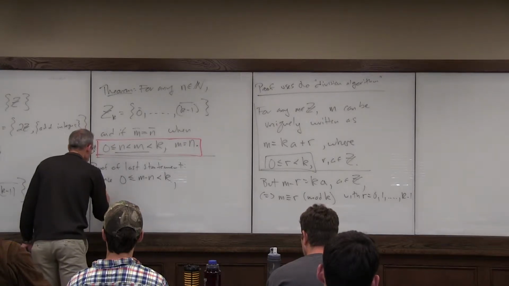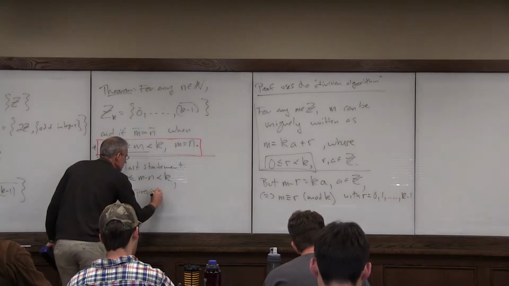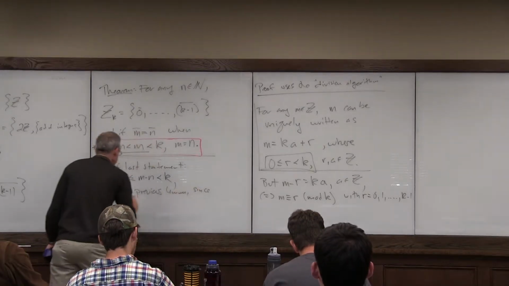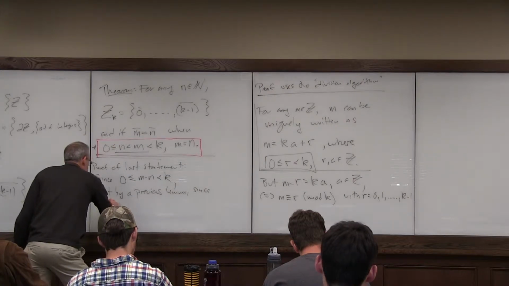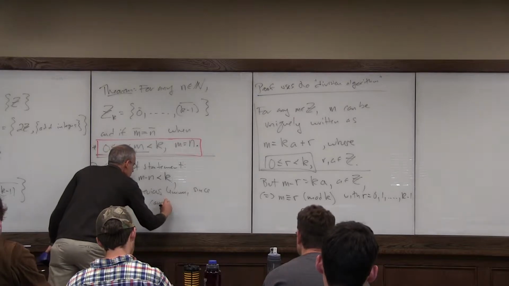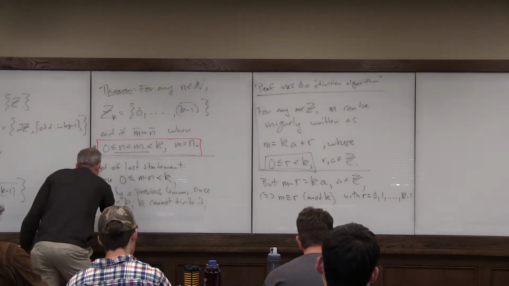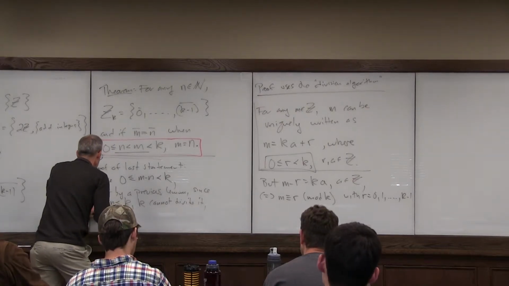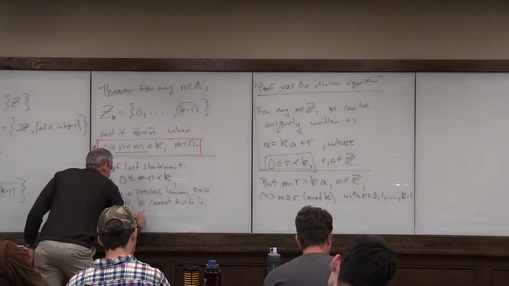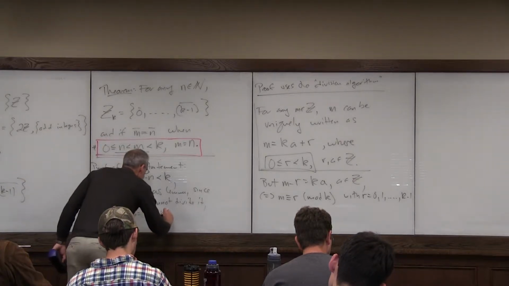But by a previous lemma, since m minus n is less than k, k cannot divide it. Unless what? m minus n equals 0, which means that m equals n.